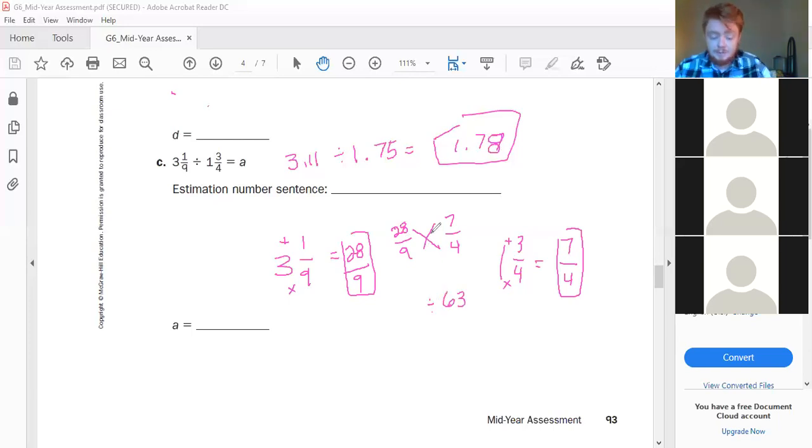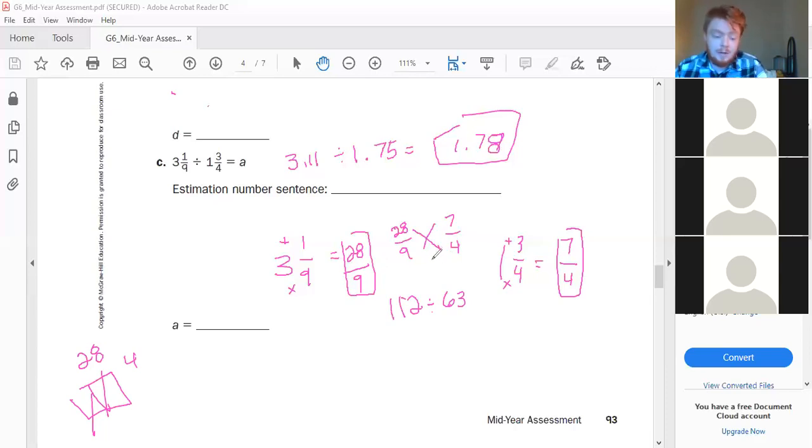And then 28 times 4, if you want, go ahead and use a calculator. I don't know that one off the top of my head, but you could do the lattice method, if you guys remember, which was this way. And then you do 8 times 4, 2 times that way. But we can just do it real quick on our calculator, which gave us 112, boom.